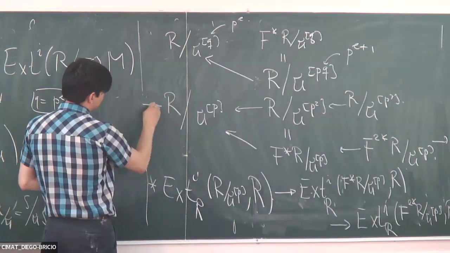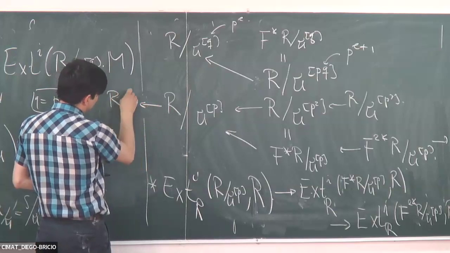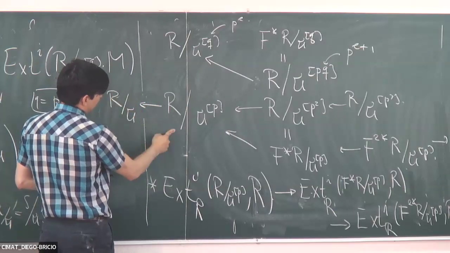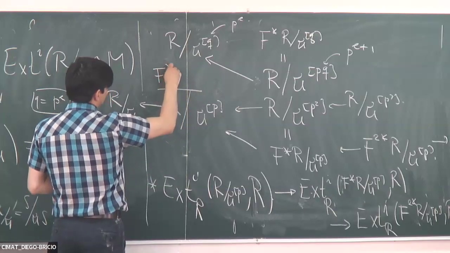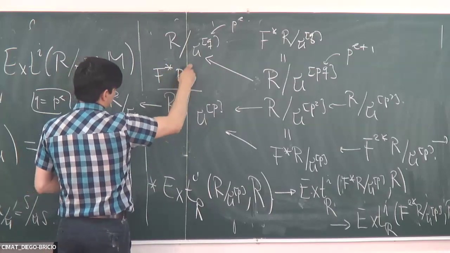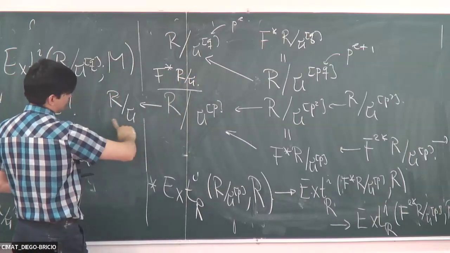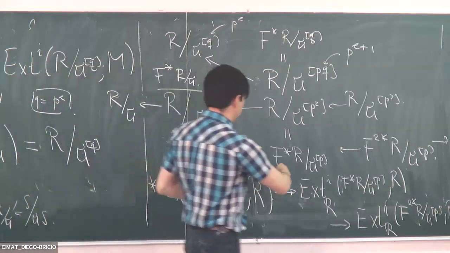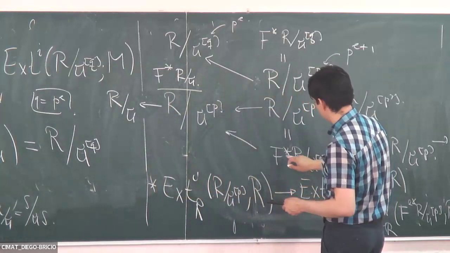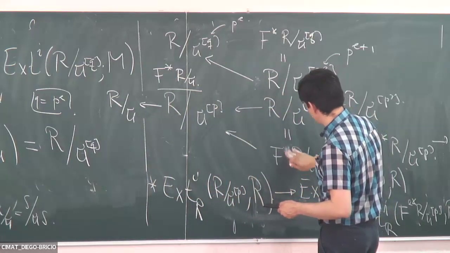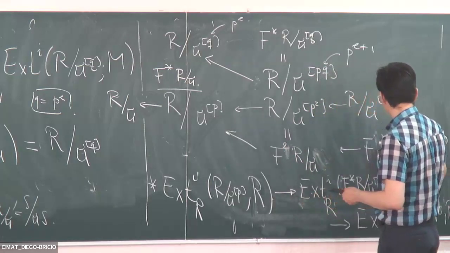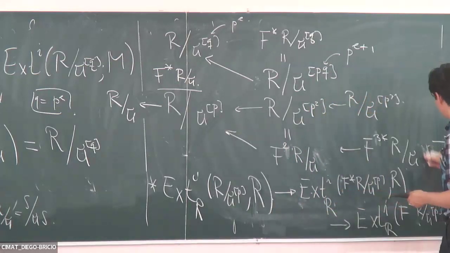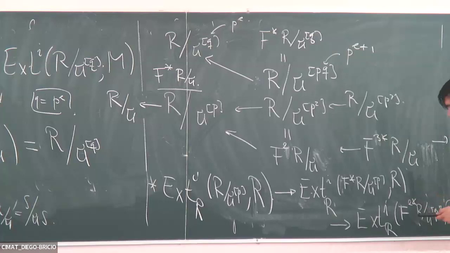I should have added here R modulo A, and this object here is the pullback of R modulo A along Frobenius. And this one here should be the second one of this one. This one here should be the third one of R modulo A.